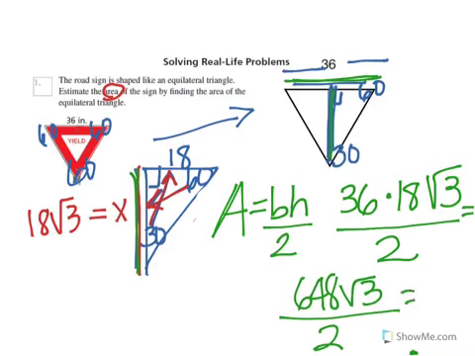So our answer would be 324 square roots of 3. It's a lot to take in, and we are going to practice a lot on the 45, 45, 90, and 30, 60, 90 triangles in class.